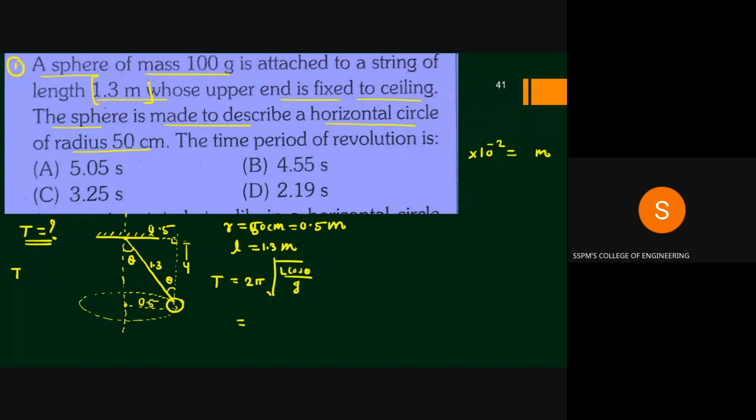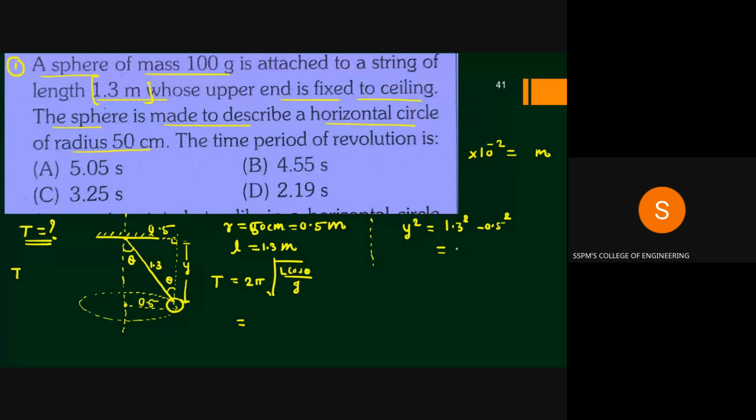Let us assume this side as y. So by using the Pythagoras, we can determine. So 1.3 is the hypotenuse. So the required side is y. So I will use y square is equal to 1.3 square minus 0.5 square.